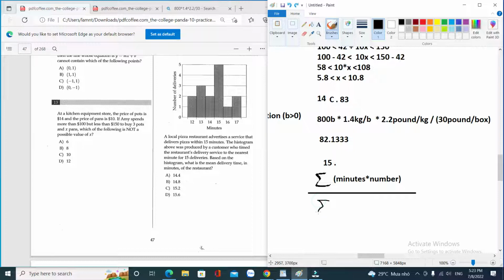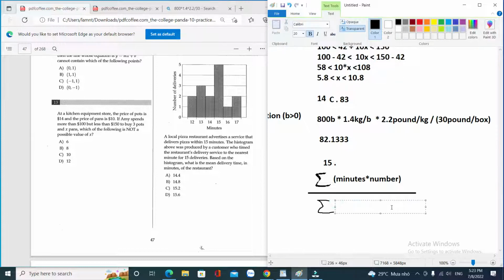That symbol means the sum of number. So that's to calculate the mean of the minutes.